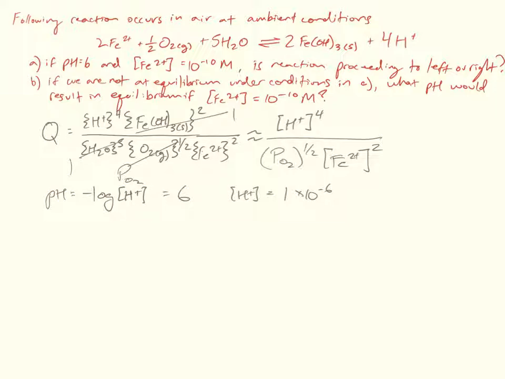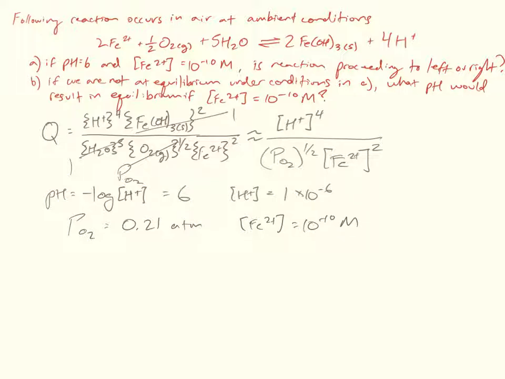So if this is at ambient conditions, then we can assume that the pressure is about 1 atmosphere. The volume fraction of oxygen in air is 0.21, about 21% of air is oxygen. And so thus we have the partial pressure of O2 equal to 0.21 atmospheres. And then we're given the concentration of Fe2 plus in the problem statement.